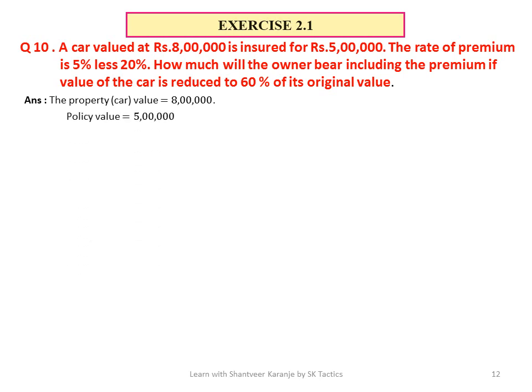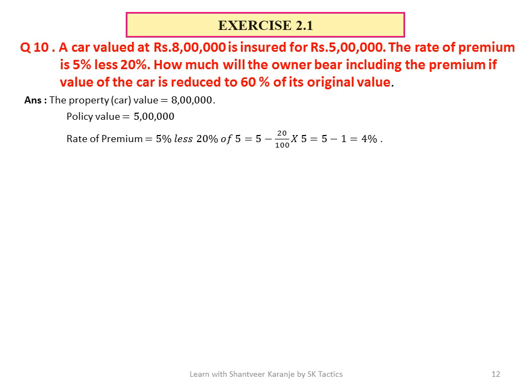Policy value also given, it is 5 lakh, and rate of premium is given 5% less 20%. 20% of what? 20% of this 5. So 20% of 5 can be calculated by 20 by 100 into 5. So 5 minus 1, this gives me answer 4. So actually he wants to give us a rate of premium as 4%.